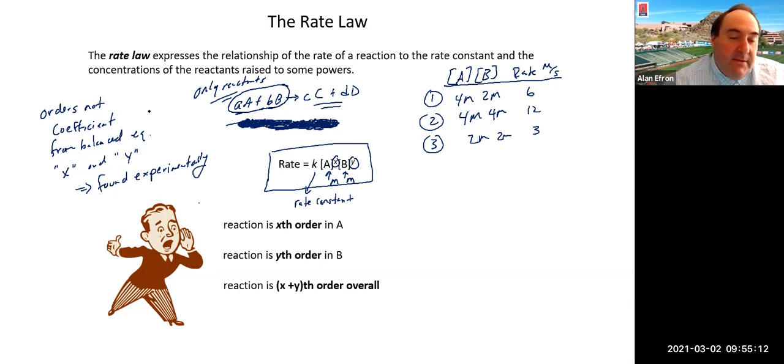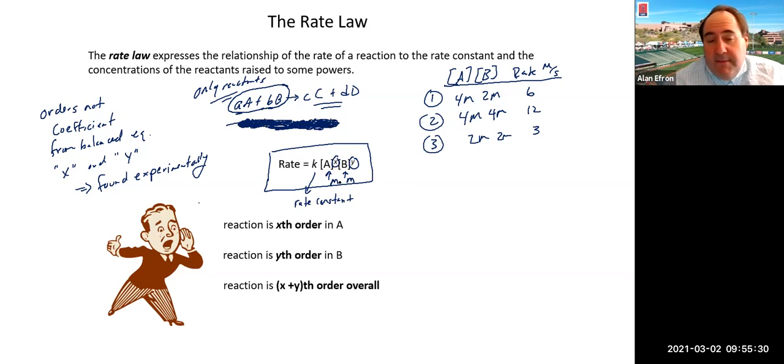So we could actually do this a couple different ways. If you understand the relationships of how concentration changes and rates change, you can look at the numbers and do it. I find that most people are not very good at that approach, so most people want to do some type of mathematical approach.